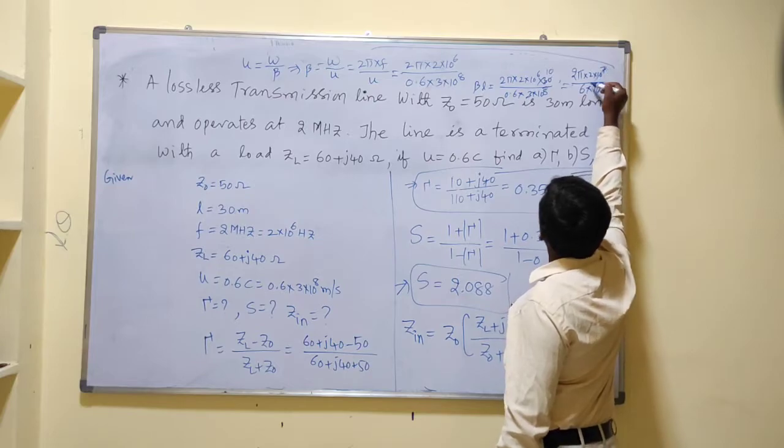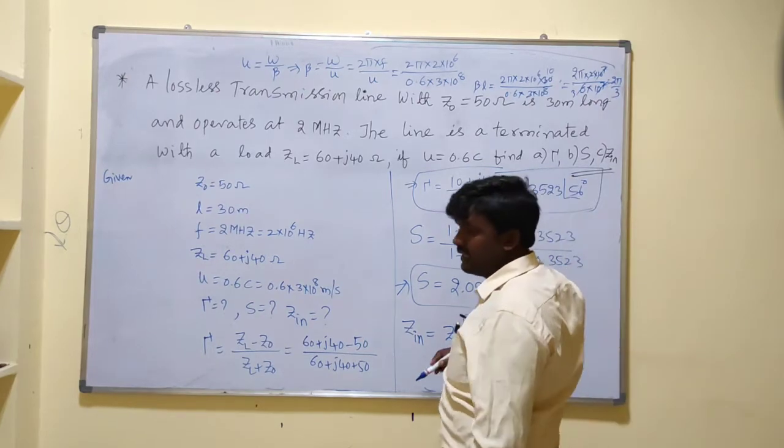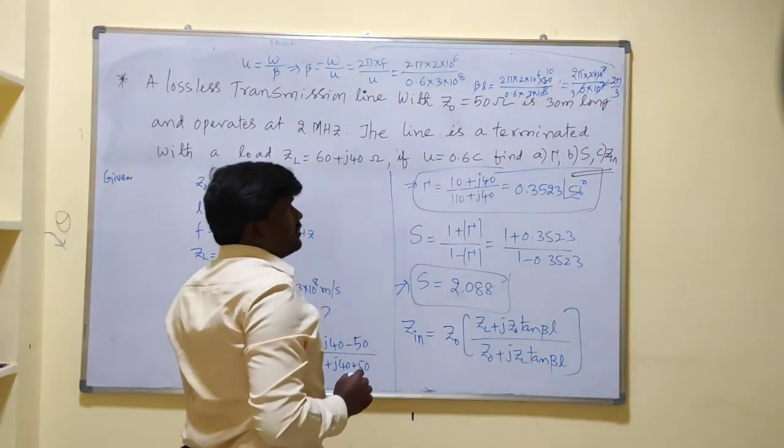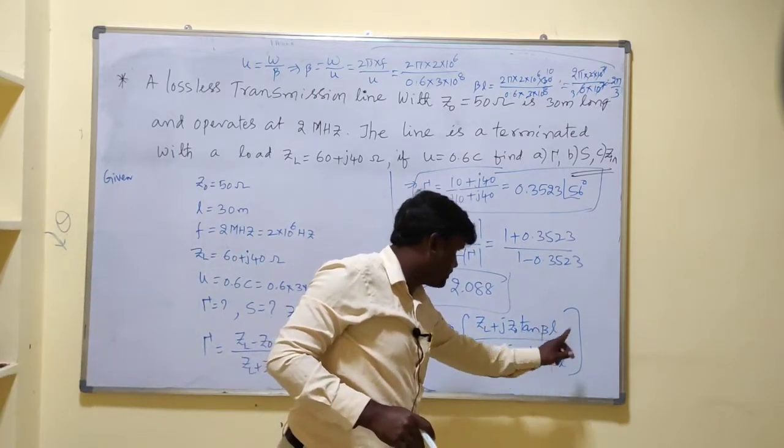The 10 to the power 7 cancels, leaving 3. Finally, we got 2 pi by 3, that is 120 degrees, since 360 by 3 gives 120 degrees. Now, let us substitute beta L as 120 degrees.